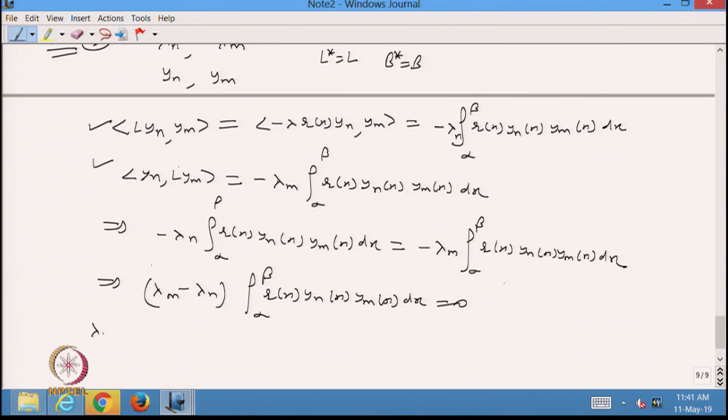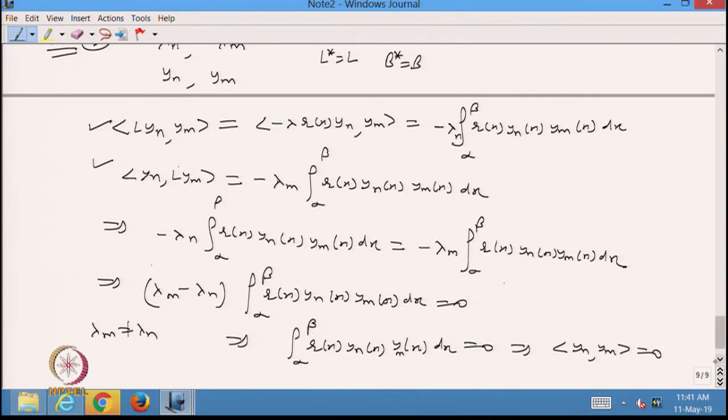Now, I am taking lambda m is not equal to lambda n. Because these are distinct, from here I can define the integral from alpha to beta of r x y n x y m x dx, and this is equal to 0. So I can say that the inner product of y n and y m is equal to 0.